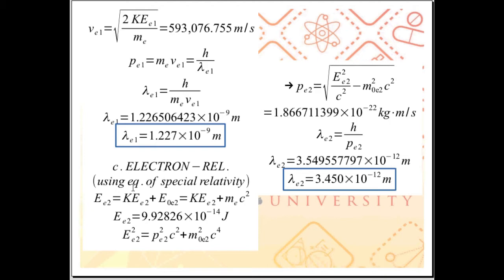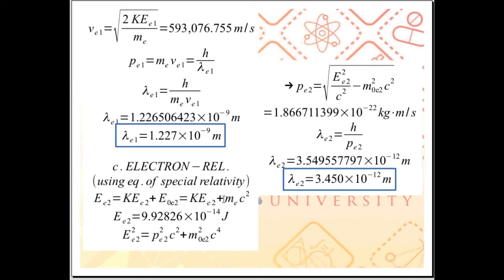One equation from our special theory of relativity is given by E equals KE plus E naught, where E naught is the rest energy of the object, the energy of the object when the object is at rest, and it's just given by the rest mass of the object times c squared. Rest mass is the mass of the object when it is at rest.